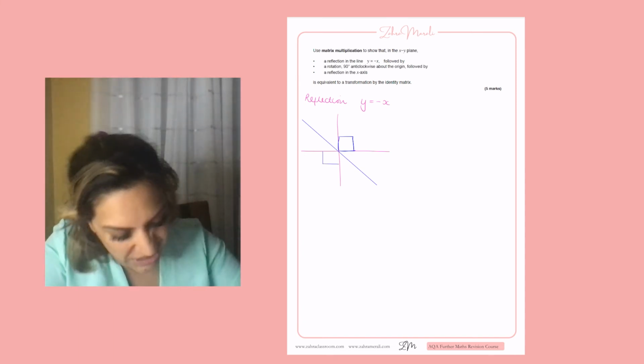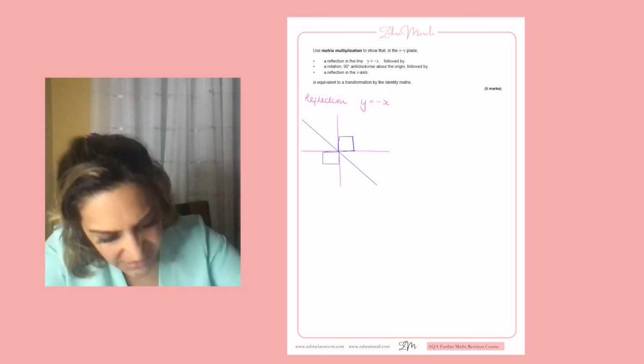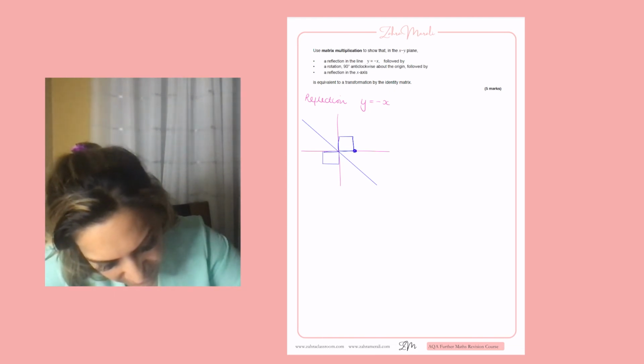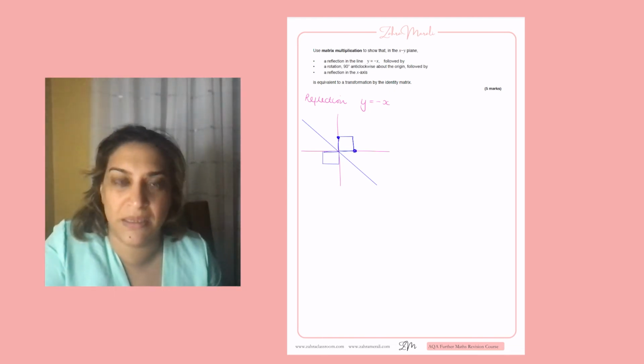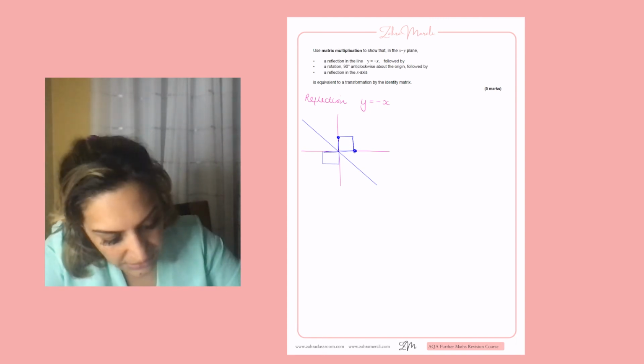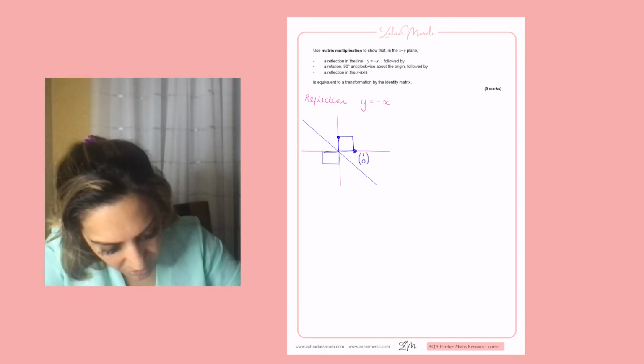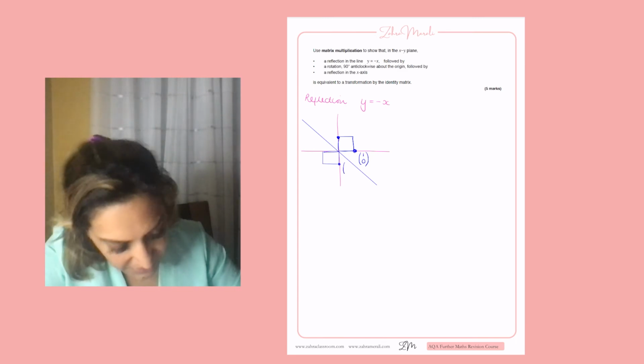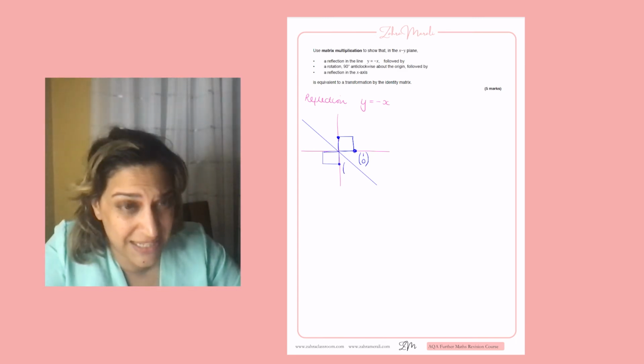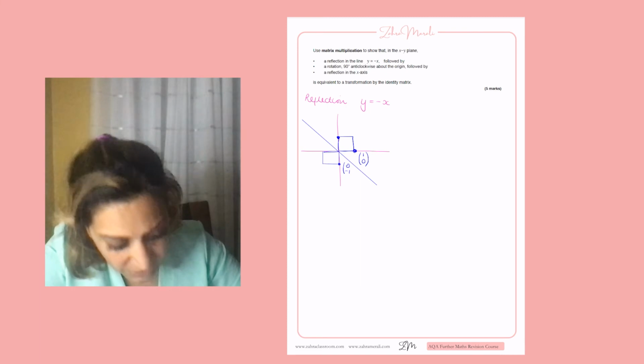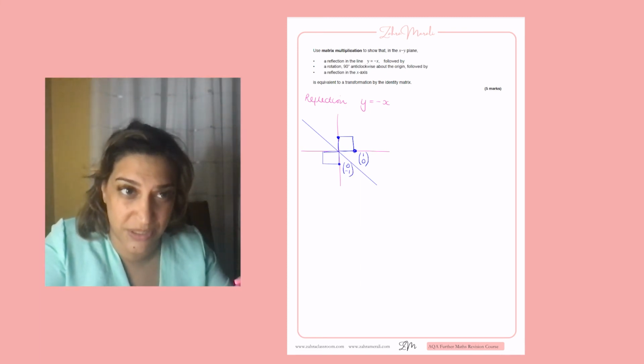And what you're really looking for is what happens to this point and what happens to this point. So this point here is 1, 0. And it goes down here, and what's happening to it? It's becoming 0, minus 1. Think of it almost like a coordinate.